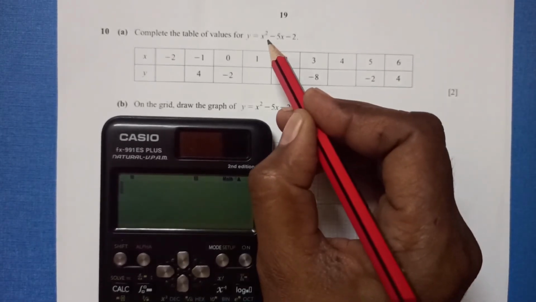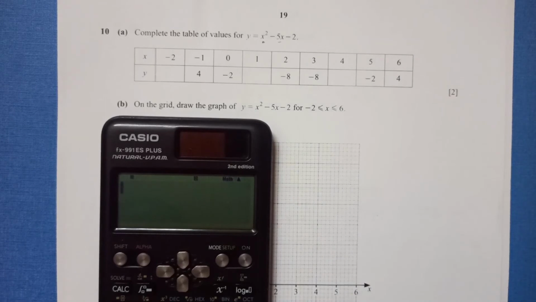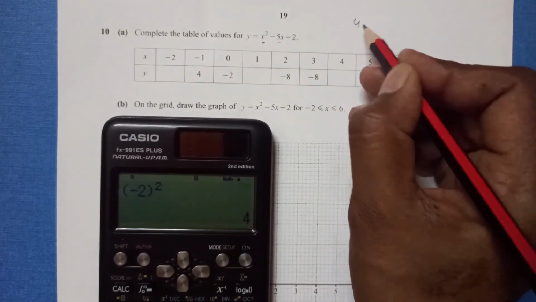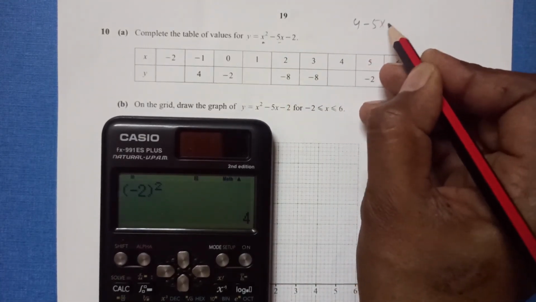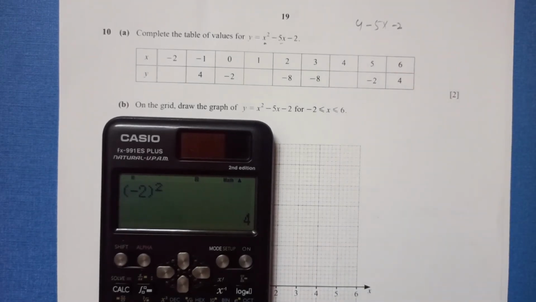We replace x by -2, so -2 squared is 4, minus 5 times -2.